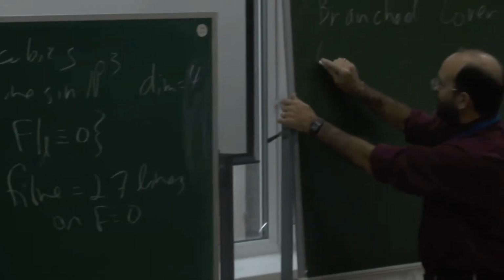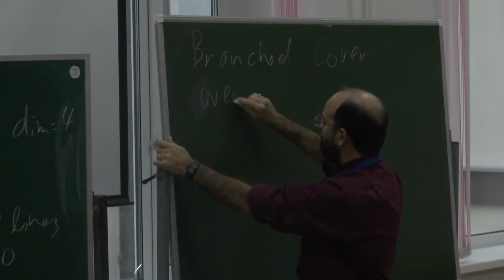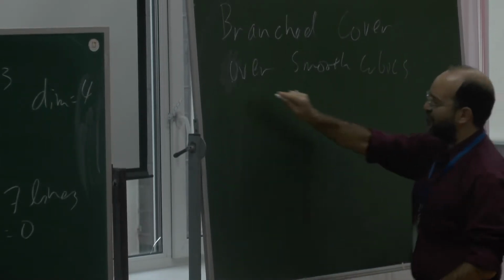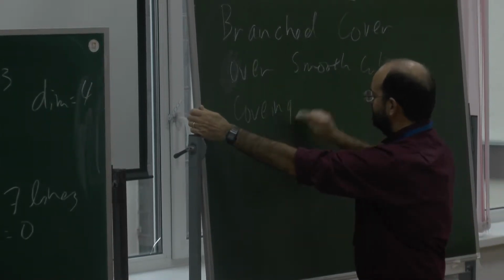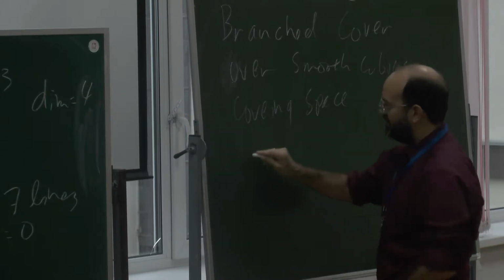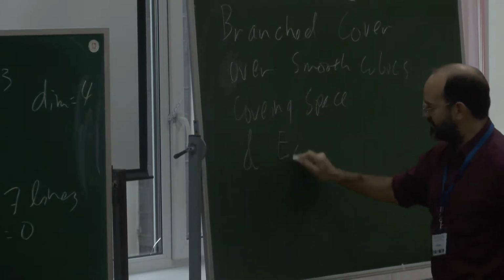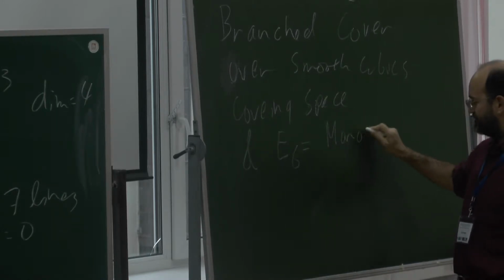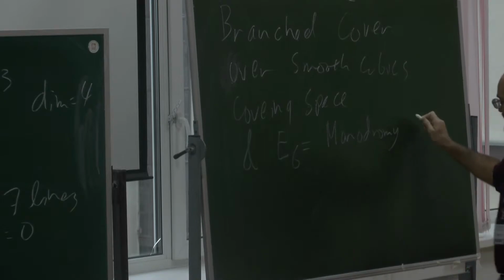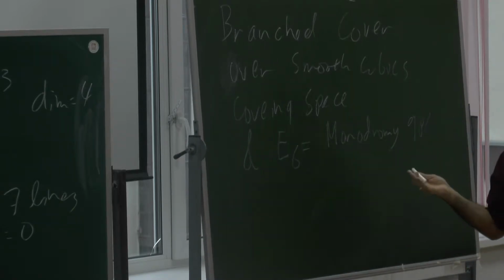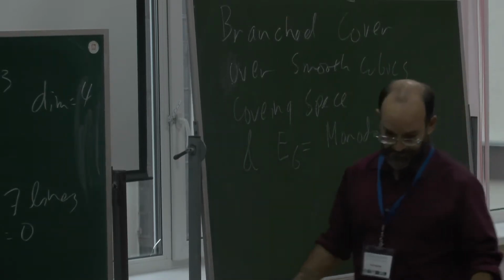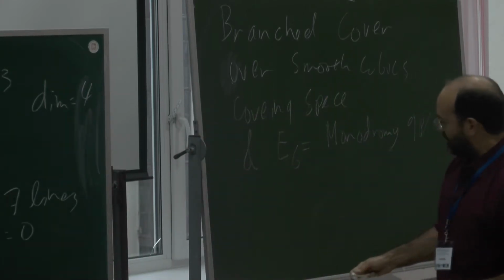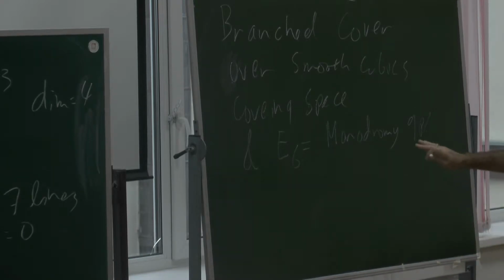So it's a branched cover, and over the smooth locus it's a covering space. And this E6 is known to be the monodromy group of that covering space. It's the covering group of the covering space. It's been a lifetime since I took elementary topology, or even taught it. And okay, so that's known.